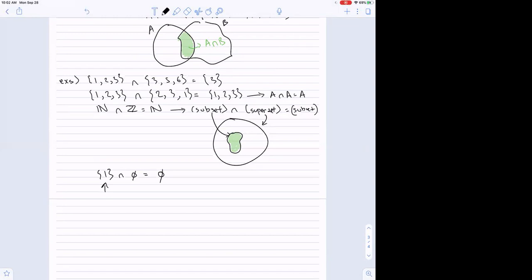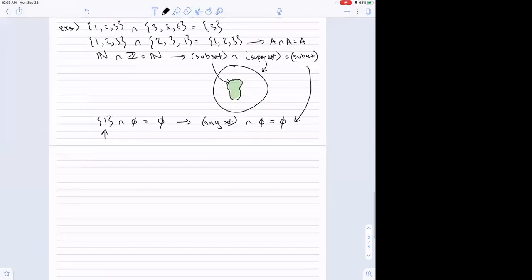And this is also a fact that's true in general, that any set intersected with the empty set is equal to the empty set. That's also a consequence of the previous fact, because the empty set is a subset of every set. So like I said, if you have a subset and a superset and you intersect them, their intersection is equal to the subset.